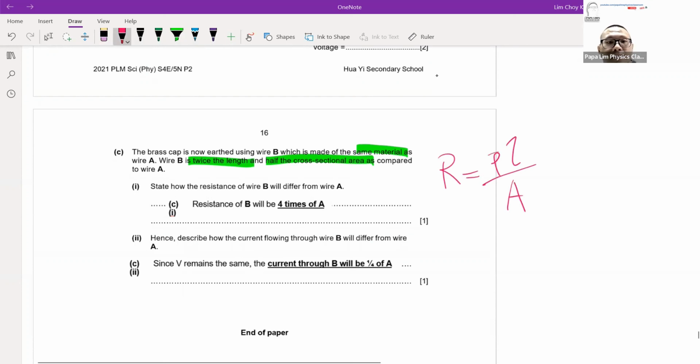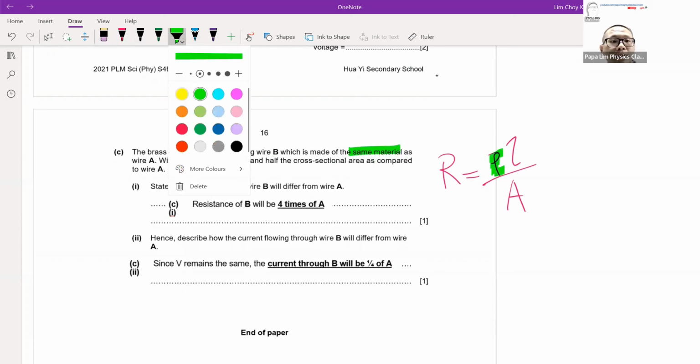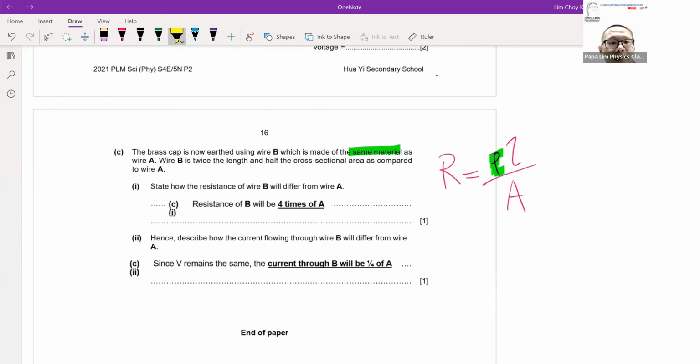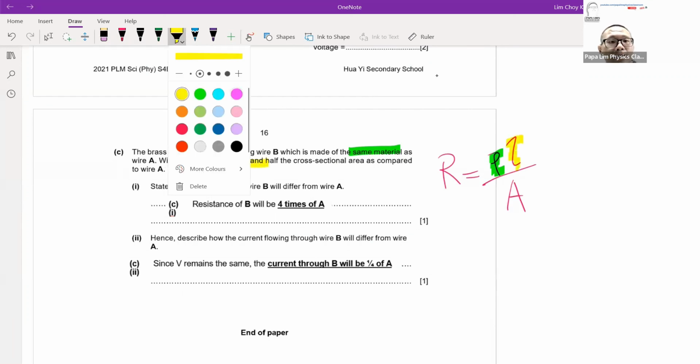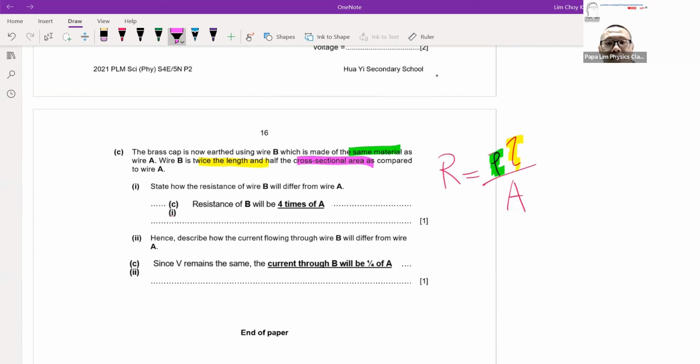Same material. So let's take a look, how do we take this? If it's the same material, it refers to the resistivity. Then after that, we look at the length, this factor, and we look at the cross-sectional area here. So these are the 3 factors that we deal with.